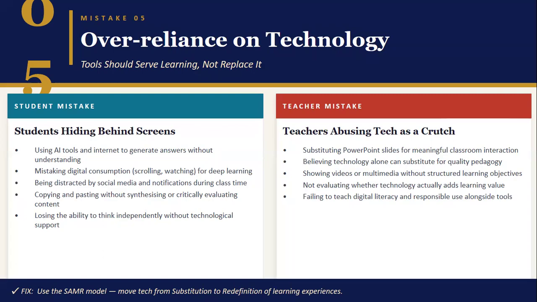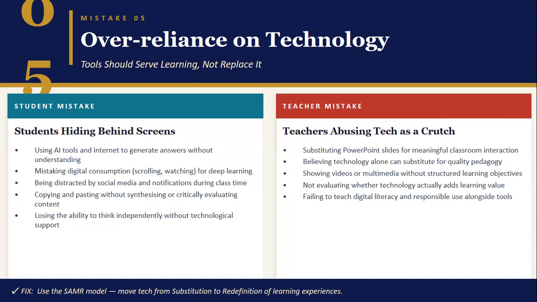From the teacher's perspective, teachers may also misuse the technology sometimes, replacing the slides using AI tools, videos without any clear purpose, technology used without learning outcomes. Technology should support learning, not replace teaching. So, how to fix this above issue?